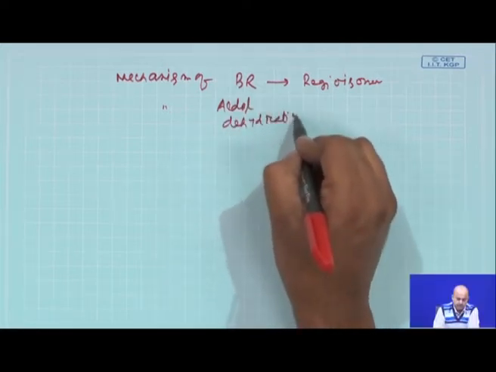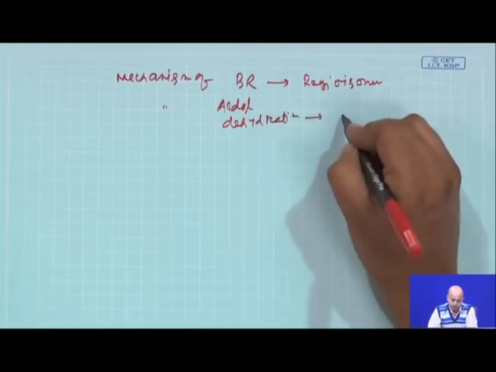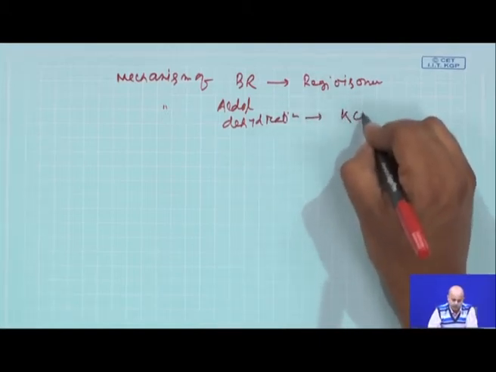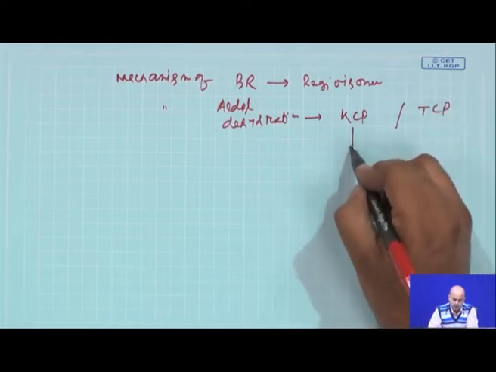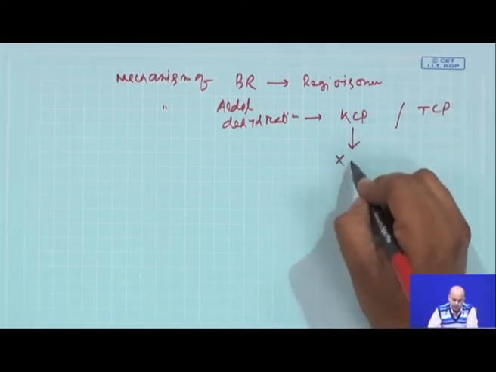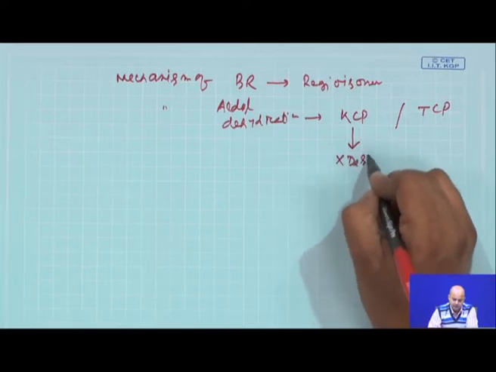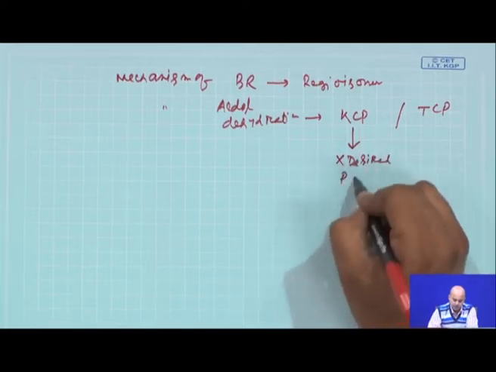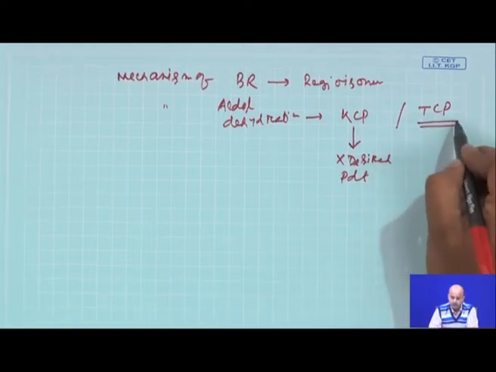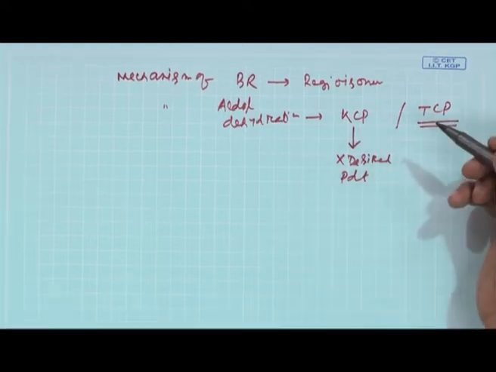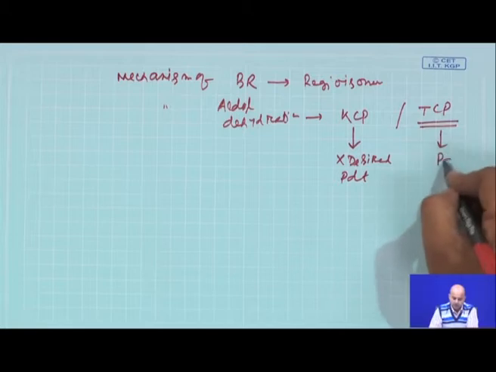We said for aldol dehydration there are two possibilities, kinetically controlled product and thermodynamically controlled product. But if you allow a kinetically controlled product, you will not get the desired product in this case. Now, if you allow the thermodynamically controlled product, means that you allow the starting material to generate the thermodynamically more stable enol, you get the desired product.